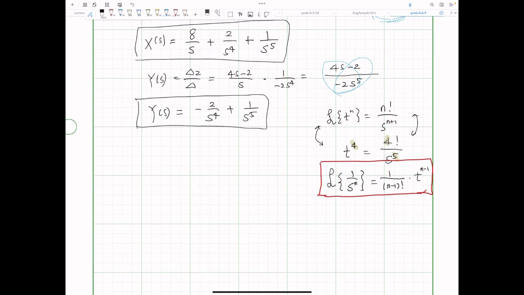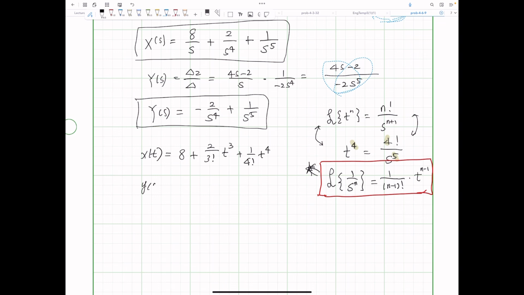x of t now, x of t equals 1 over s, it's just 1, so we have 8 plus 2 over 3 factorial t to the power of 3. We're just using this formula, and then 1 over s^5 plus 1 over 4 factorial t to the power of 4.